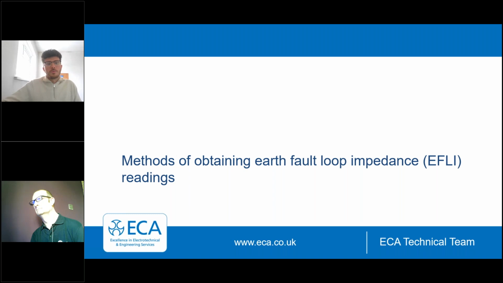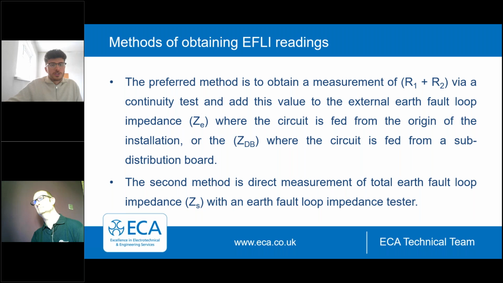Okay, so that's the introduction done, hopefully the basics and the recaps. We're now going to look at the different methods that we can use to obtain earth fault loop impedance readings. So we're looking at the aspect of a circuit here, when measuring circuits.